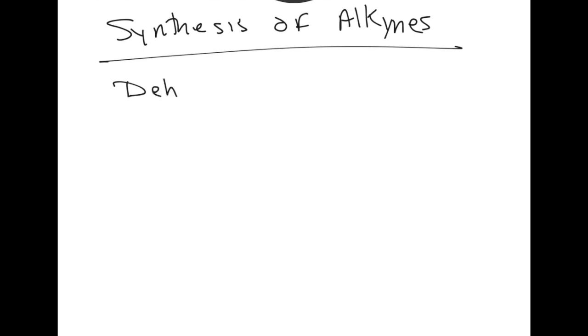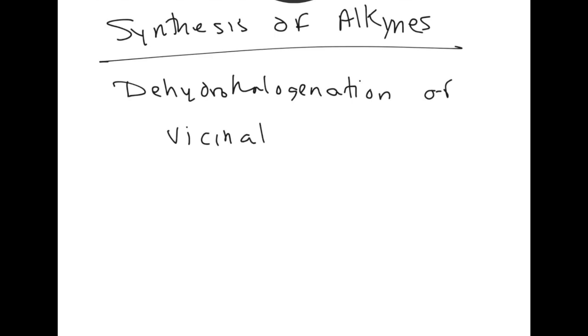One way to do it is through dehydrohalogenation of vicinal dibromides. So you have 2 bromines on adjacent carbons.